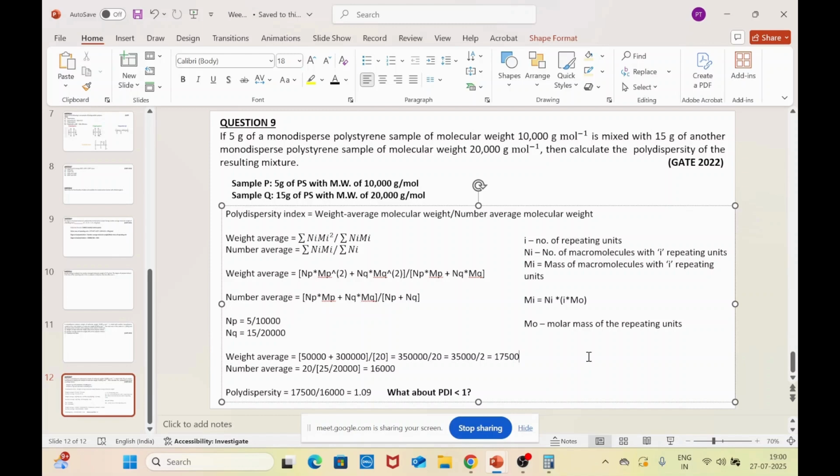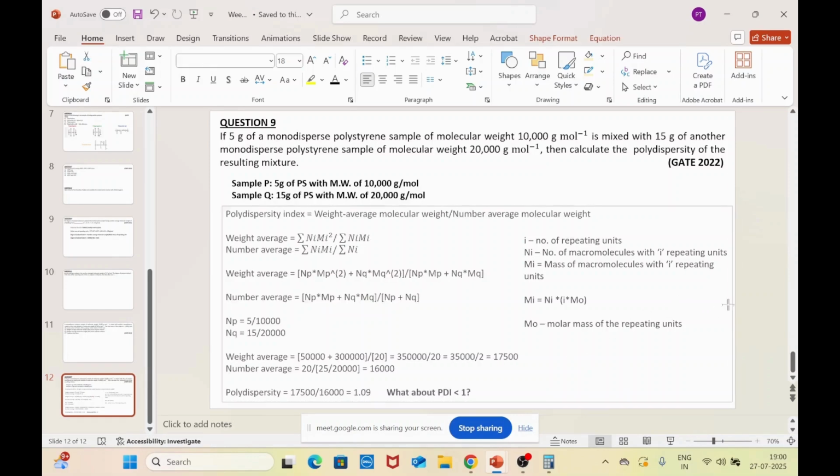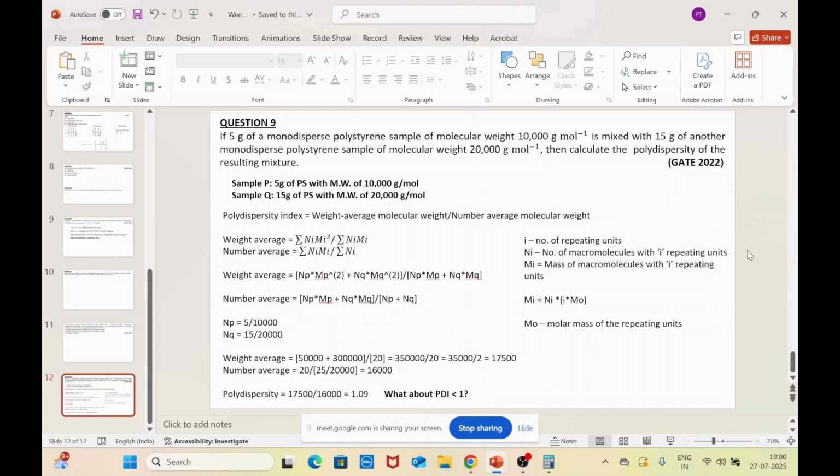So is there still that contradiction? Okay, so I is basically the number of repeating units in a chain in the macromolecule. Ni is nothing but the number of macromolecules with I repeating units.